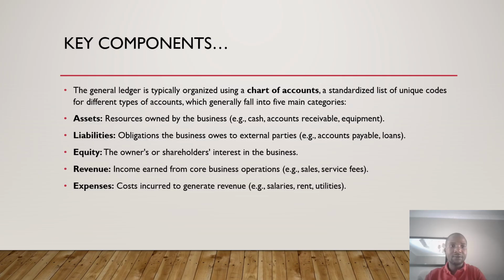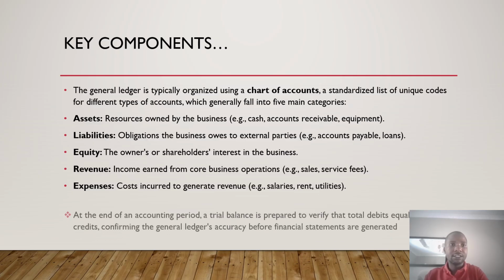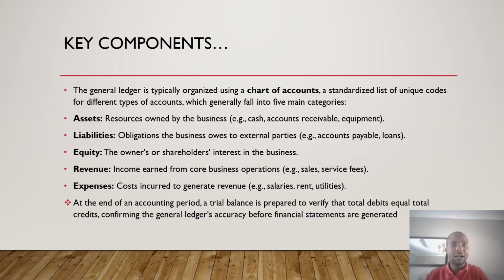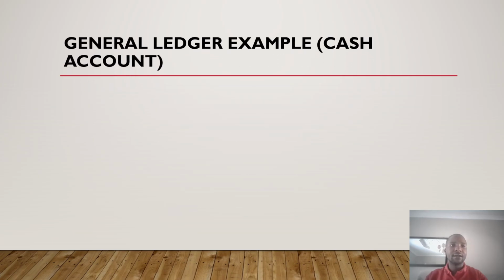They are simply the accounts falling under each of these categories. At the end of the accounting period, a trial balance is prepared to verify that the total debits equal the total credits, confirming the general ledger's accuracy before the financial statements can be prepared. In our next lesson, we are going to look at how we prepare the trial balance and financial statements. All those now come from the general ledger.